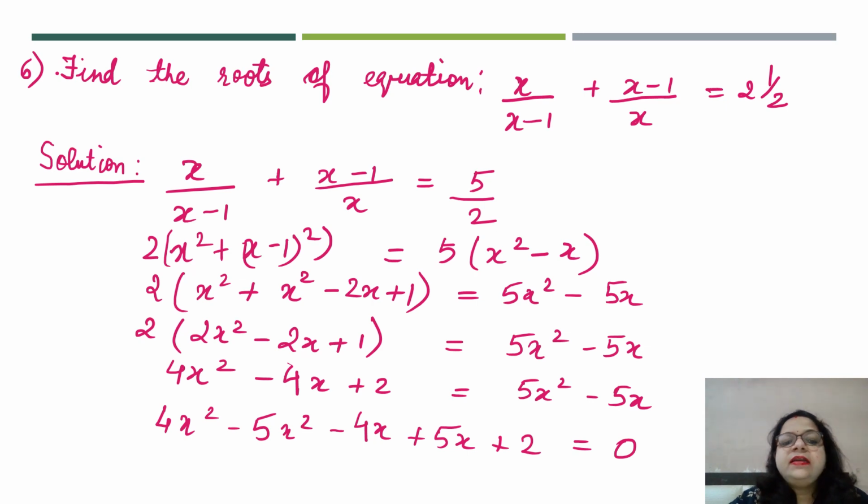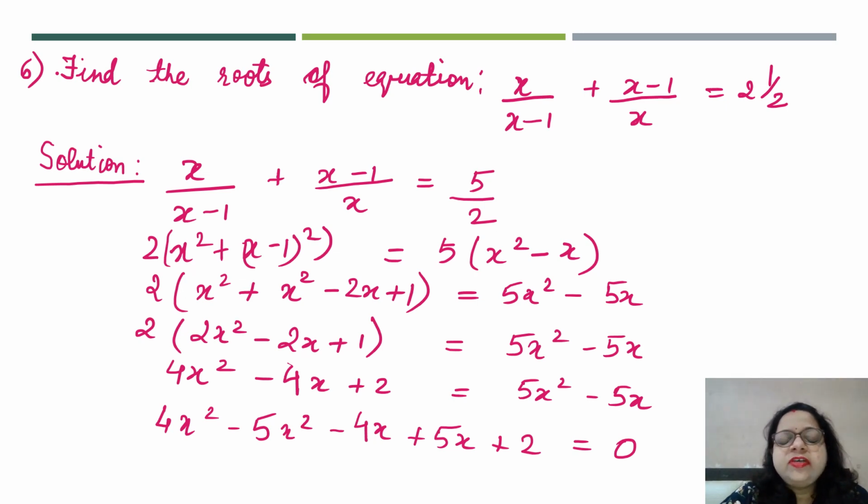Okay, and for this we will multiply x into x and x minus 1 into x minus 1. Therefore x square plus x minus 1 the whole square will give you 5 into x square minus x.